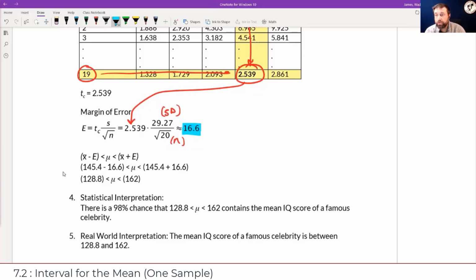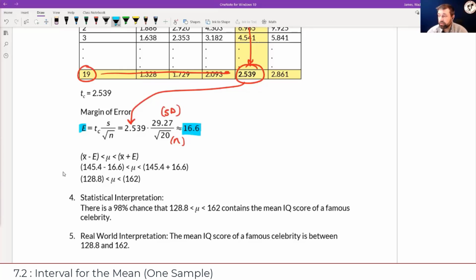The t-score is used to help find the margin of error. Okay, so remember that. Once you find the t-score, you've got to go one more step to find the margin of error, which is the t-score multiplied by the standard deviation divided by the square root of the number of items there are. Once you have this margin of error, it's pretty much all downhill from there.